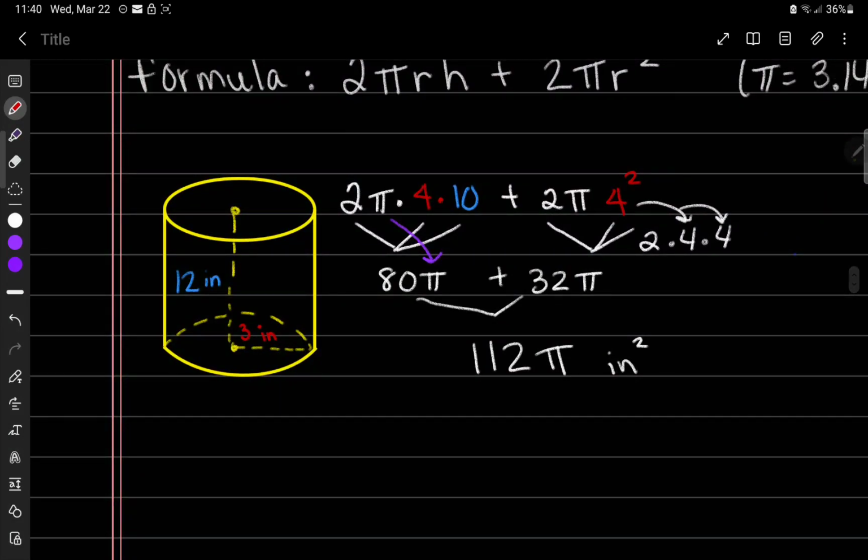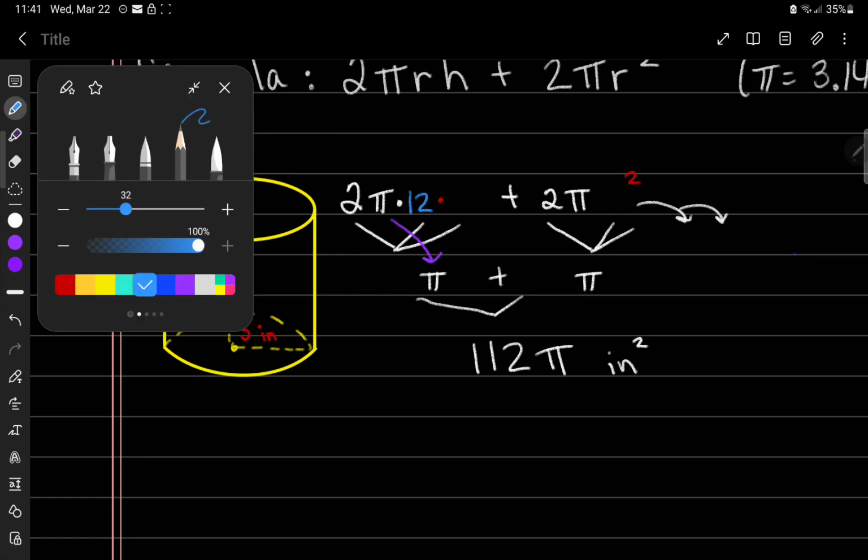So I'm going to go back into the equation that I just did and replace the 4 and 10 and 4. So we're going to basically undo those parts. My height is 12.